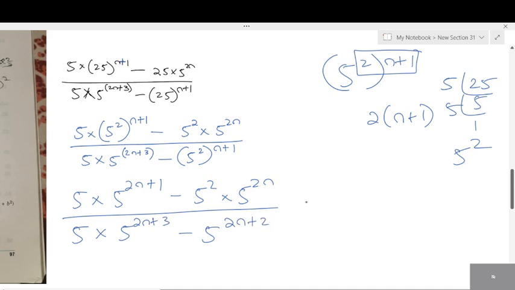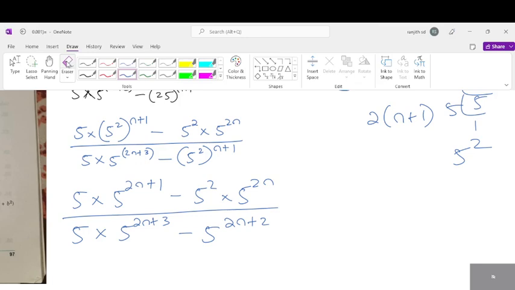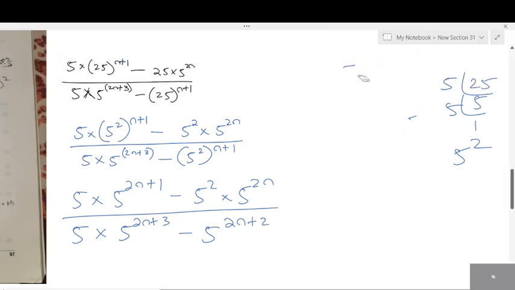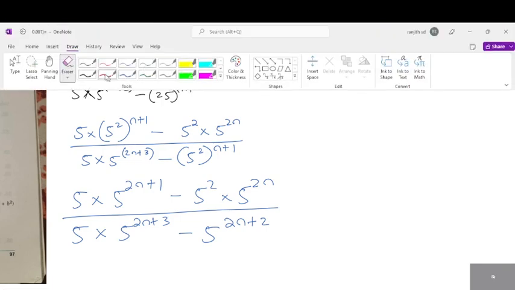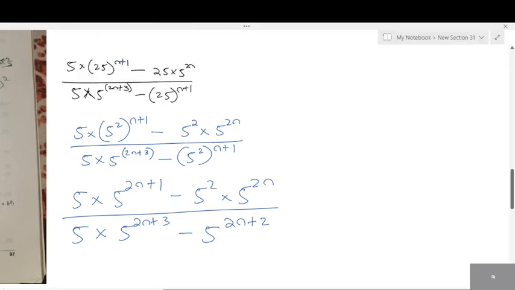Next, what do you get? 2n plus 2. Do you know quotient law and product law? Not clear, okay. Which one? Quotient and product? Okay, I'll explain that. Others, can you all answer this, students? Multiplication is given, base is same. So take 5 common.